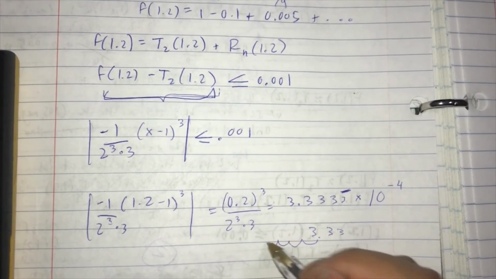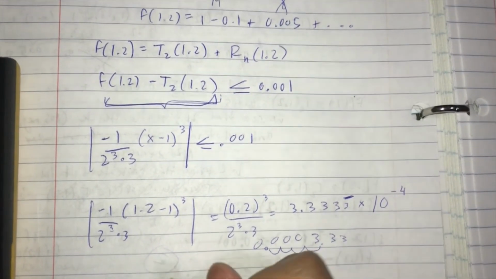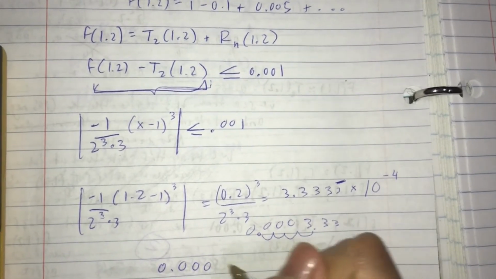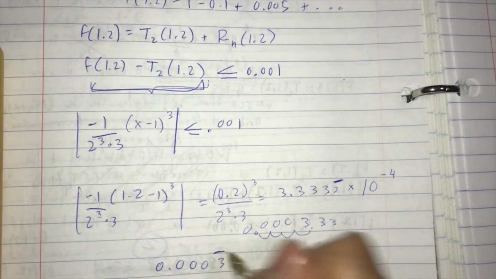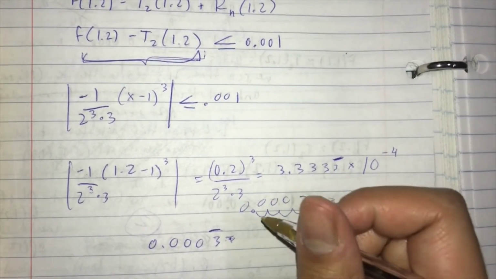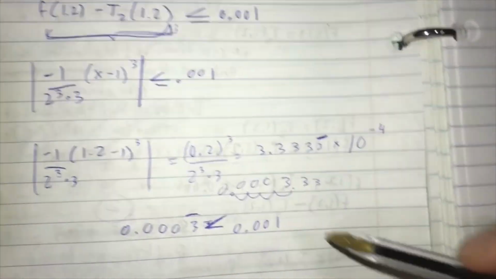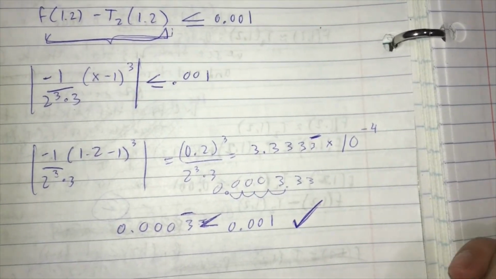If we move the decimal by 4, this value is 0.0003 repeating, and that's clearly less than 0.001. That's how we would check it.